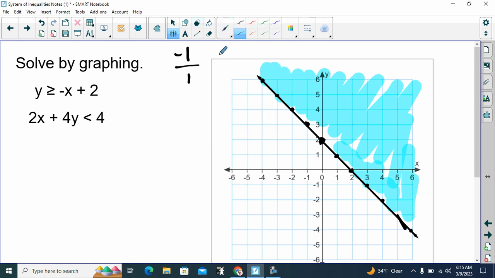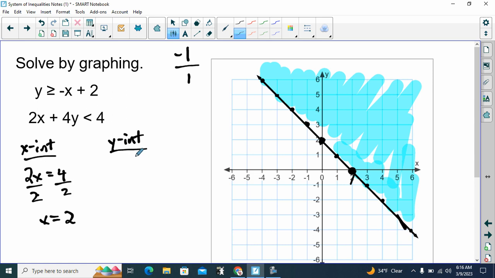My second inequality, 2x plus 4y is less than 4. For my x-intercept, I put in 0 for y. It says 2x equals 4. Solve for x. X-intercept is 2. Get my y-intercept, put in 0 for the x.